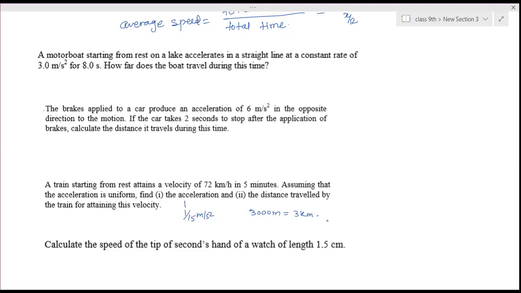Ma'am, is the answer 0.005 meter per second? Ma'am, is it 1/4 meters per second square? Ma'am, is it 0.16 centimeter per second? No. Is it 1/4 meters per second? No. 0.005 meter per second?